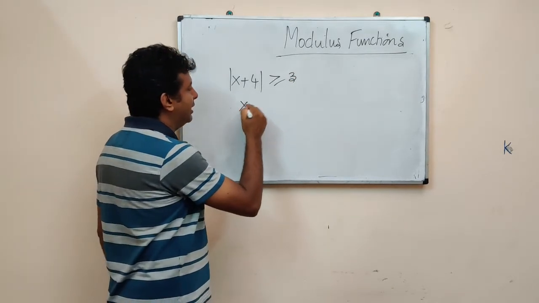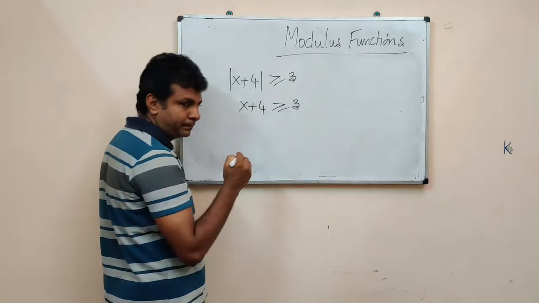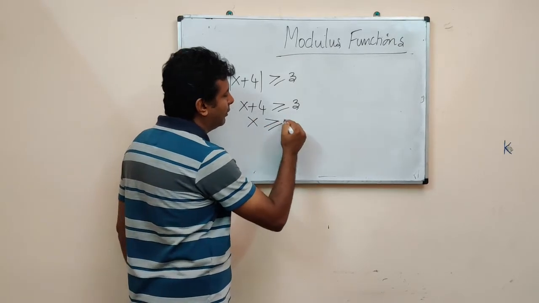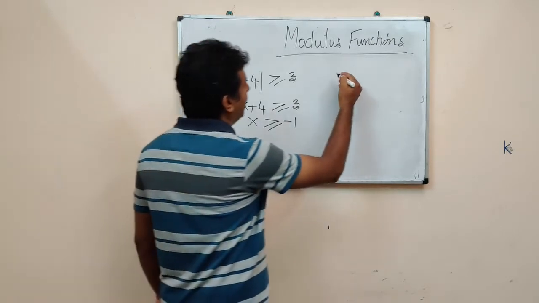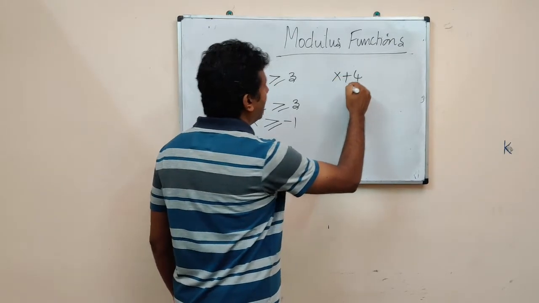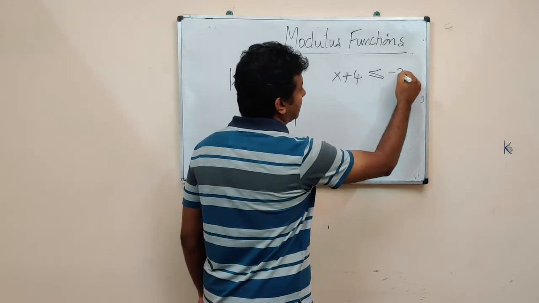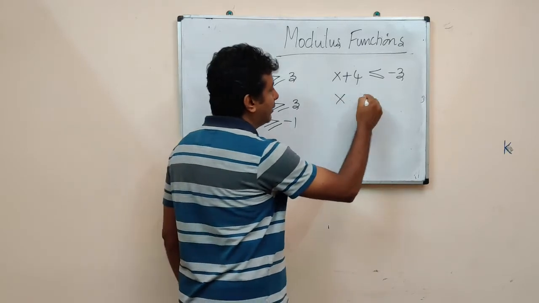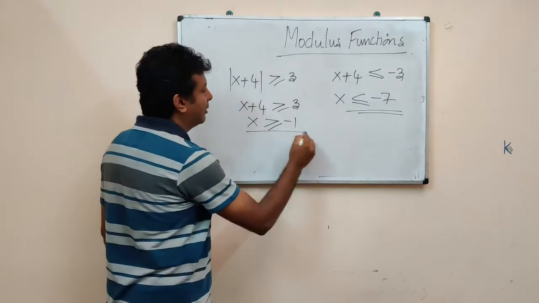That will essentially mean that x plus 4 will be greater than or equal to 3, and you will get x greater than or equal to minus 1. Or in the other scenario, x plus 4 should be less than or equal to minus 3, and this will take you to x less than or equal to minus 7.